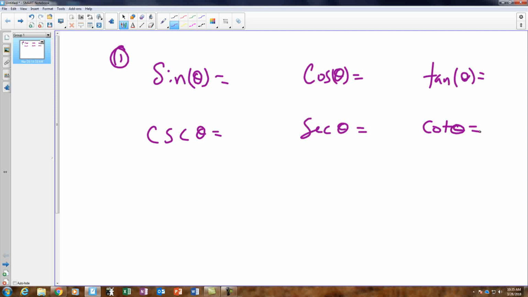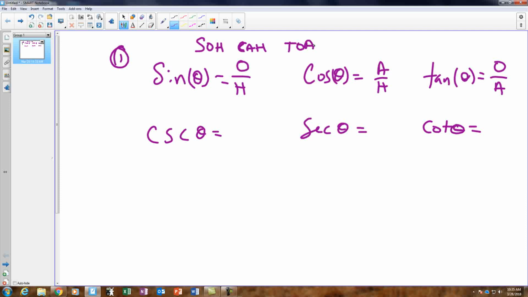For sine, we often use the phrase SOHCAHTOA. So is S-O over H, S-O-H. CAH is C-A-H. And then TOA is tangent, O over A. Some will literally write it S-O-H, C-A-H, T-O-A.